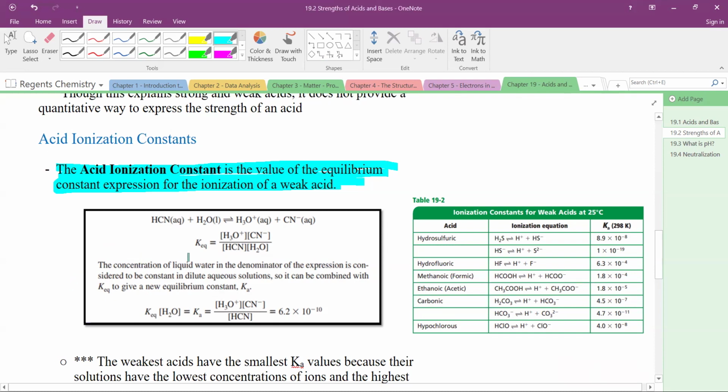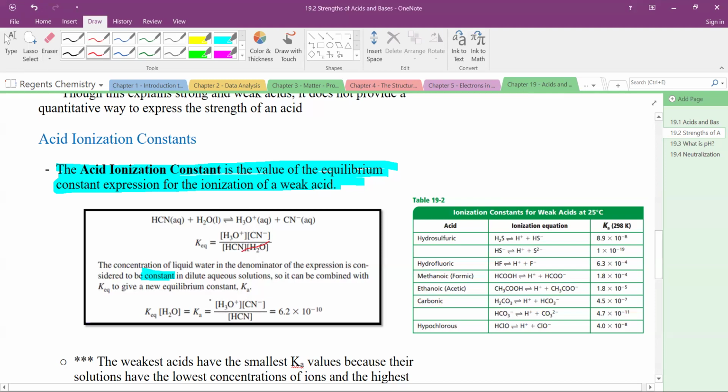It says the concentration of liquid water in the denominator of the expression is considered to be constant in dilute aqueous solutions. So that means we can pull it out and combine it with our Keq, right? That's like we've pulled out that H2O, multiplied it by Keq, and we've arrived at something called a Ka, which is our acid ionization constant. We got rid of the H2O because its concentration doesn't change.